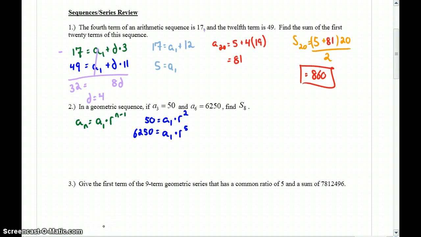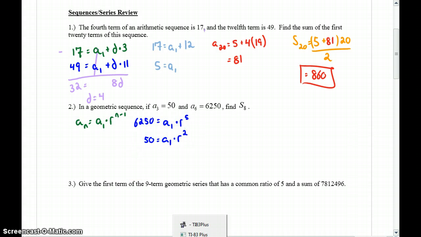Now, in the last case, what we did was we subtracted them. In this case, what we're going to do is now divide. Just to make things easier, since we can divide either way, I'm going to divide the bottom by the top. That way, I just end up with positive exponents and whole numbers, and everything is a lot nicer.